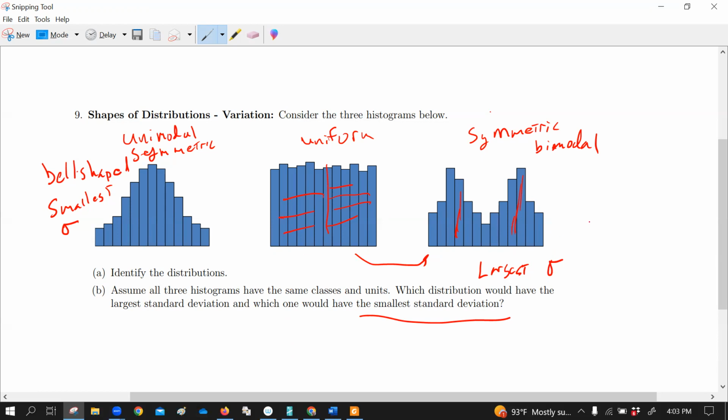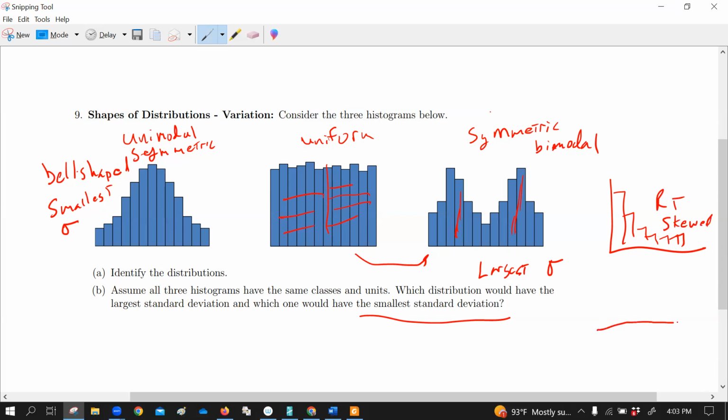Now, if it comes to a skewed distribution, they didn't throw one of these at us, but whether it's left skewed or right skewed, these usually have an even larger standard deviation and variance, right? So remember, this is a right skewed tail to the right, and it's skewed, not screwed. Sometimes people get that confused.